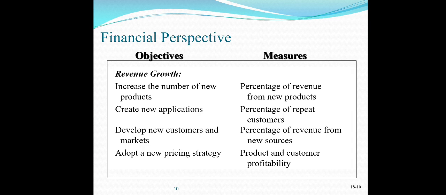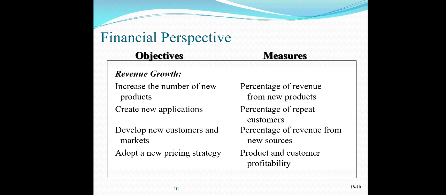So financial perspective. These are objectives and measures that can be used when you design a balanced scorecard for a business. For financial perspectives, the objectives that can be used, see here in the box: revenue growth, increase number of new products, create new application, develop new customers and market, adopt new pricing strategy.